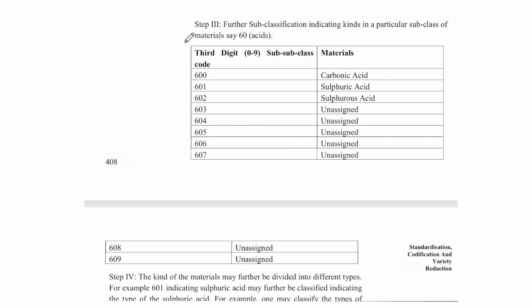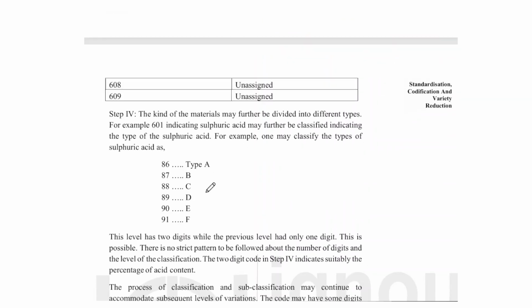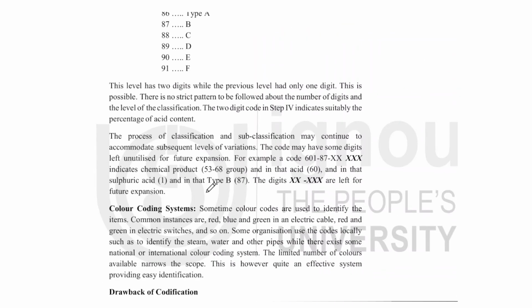And step 3, that is further subclassification, indicates the kind in a particular subclass of material, that is 600 is carbonic acid, 601 is sulfuric acid, like that. Please refer to this in your IGNOU study material, unit 13 of MMPC 009, and it will be more clear.